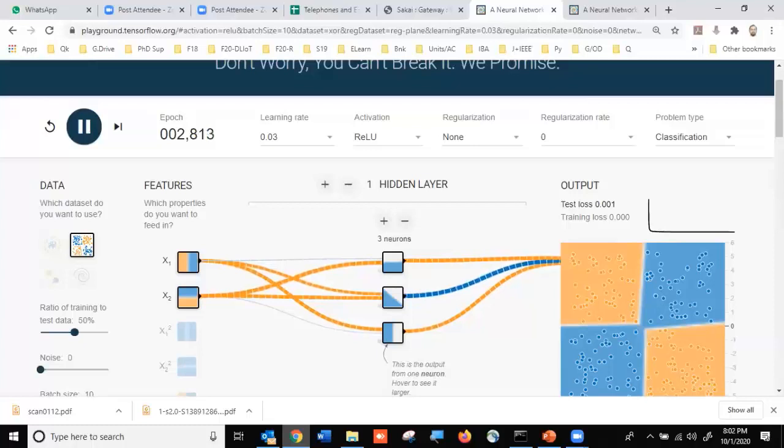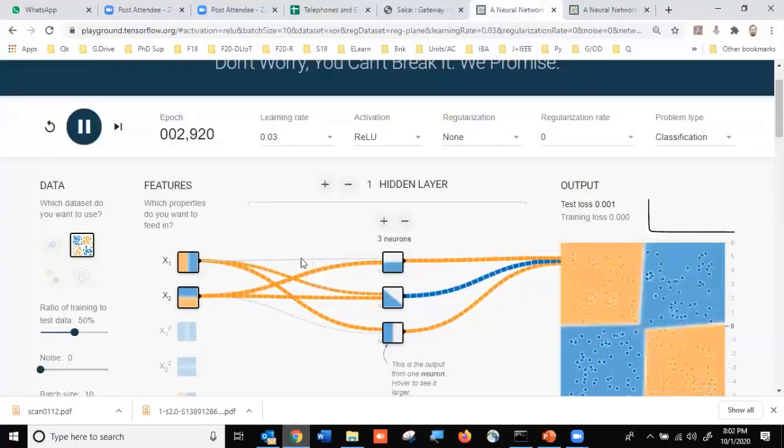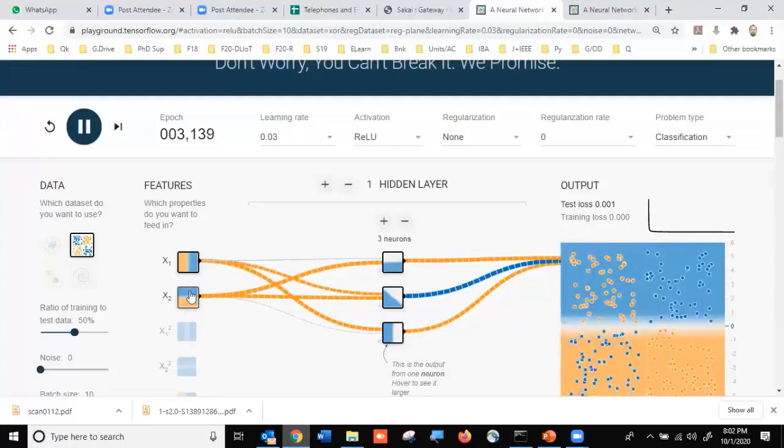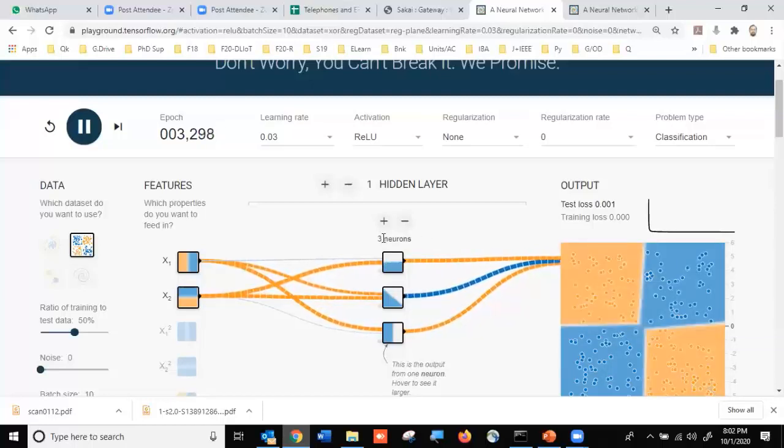How is that? If you look at this particular neuron, it's got a very small weight for x1 and a very strong weight for x2. Why is that? Because it's basically differentiating based on x2, the vertical axis. Even if you set it to 0, by the way, you can do that.